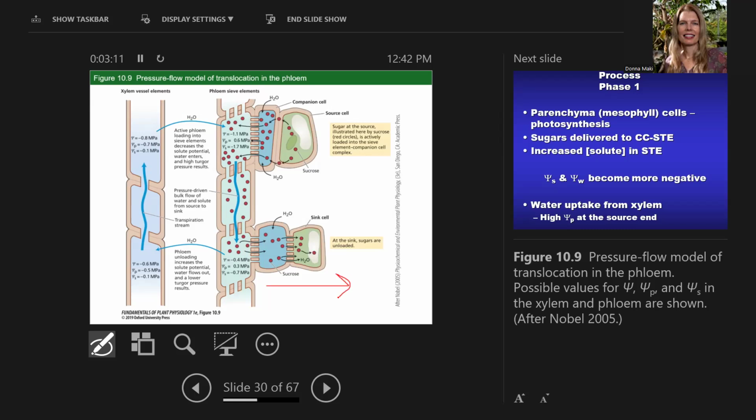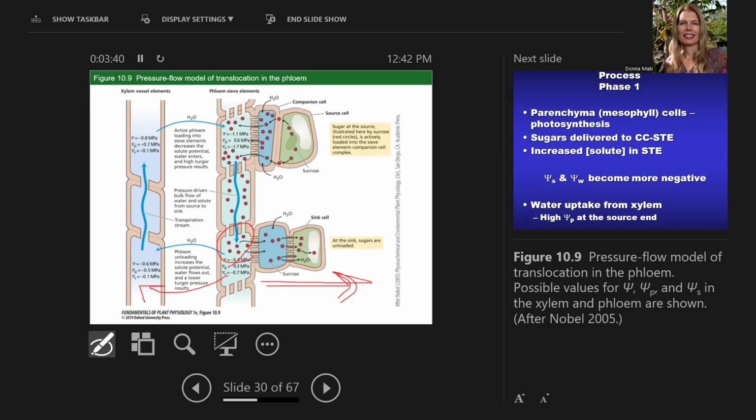Okay, so now solutes are coming out of the sieve tube element into the tuber. So now there's less solutes. That means your psi sub S value will get less negative. It'll start approaching 0. And now your overall water potential, because of that, gets less negative. So now water will exit out of the sieve tube element down at the sink over to a more negative area, which is the xylem.